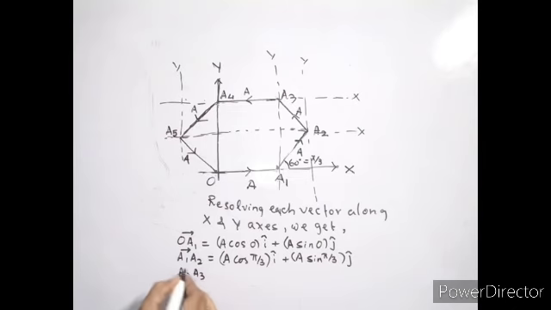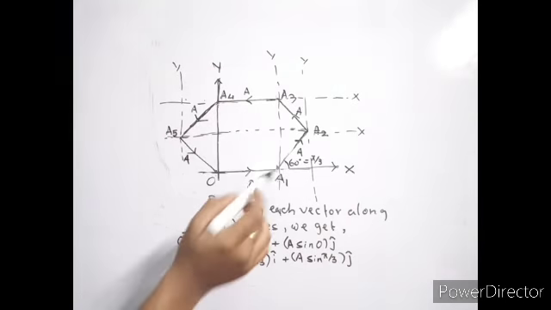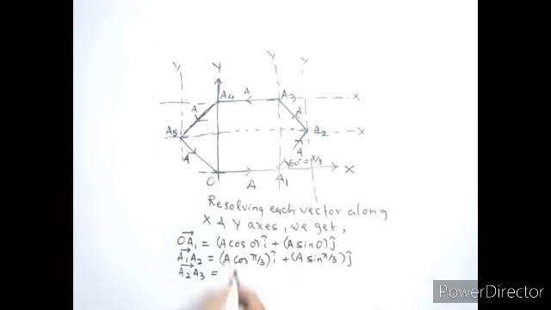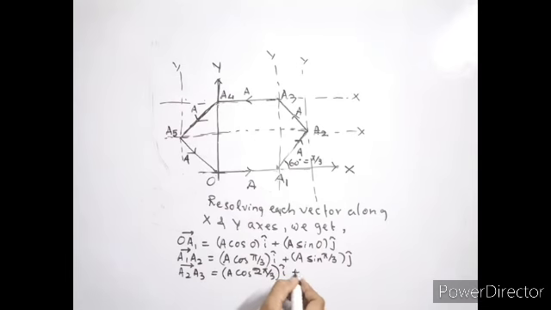Then the A2A3 vector, similarly, has an angle of 120 degrees with respect to the x-axis. The angle keeps on increasing by pi by 3 every time, so a cos 2 pi by 3 i cap, then a sin 2 pi by 3 j cap.